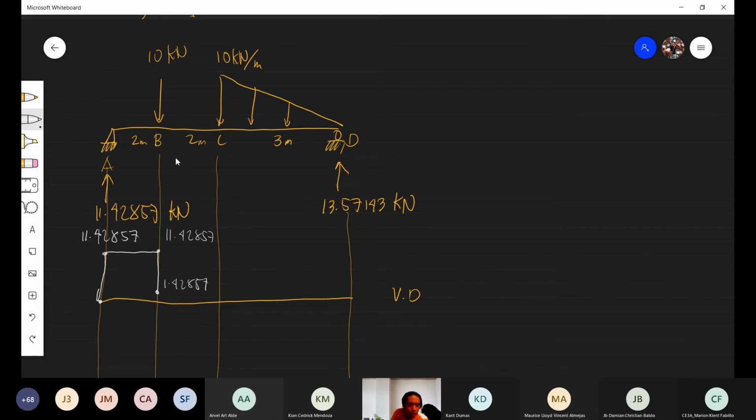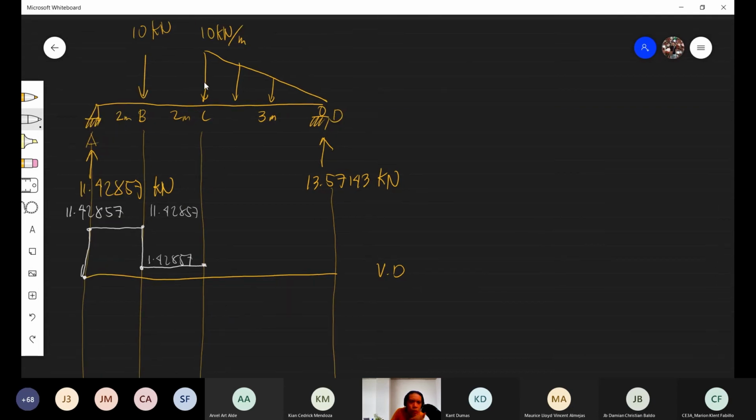Since in between B and C there are no forces, it stays constant throughout section B, C. Then comes the 10 kilonewton per meter downward load. What is the degree of this line? It is not a horizontal line. It is an inclined line, degree 1.